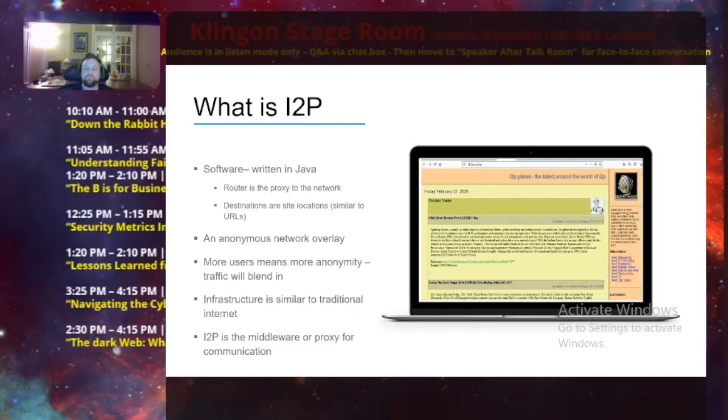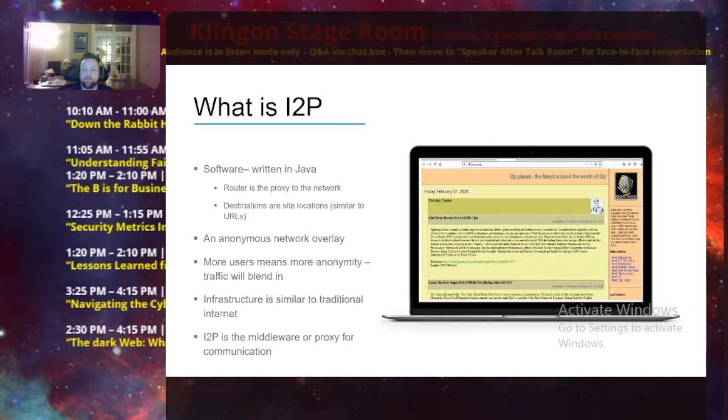So unlike Tor, where your ISP can see when you're using Tor because you're making those connections to known or unknown entry nodes or guard nodes, with I2P, once you download and install that router, which you are using to proxy into I2P, it is going to start using a percentage of your bandwidth to help maintain the resiliency and the speed of the network.